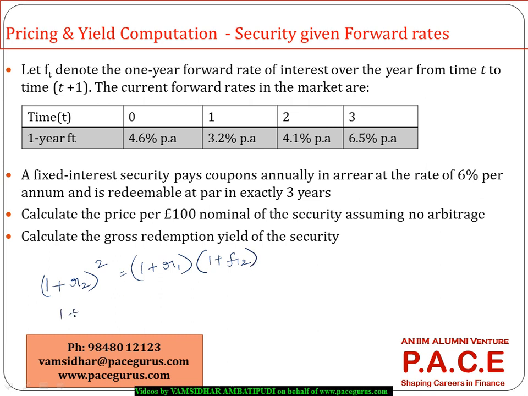Same way I will work for 3. (1 plus R3) cubed is equal to 1 plus R1 into 1 plus the forward rate between 1 and 2 into 1 plus the forward rate between 2 and 3 years. This is (1 plus R3) cubed because this is for a 3-year period. So R3, the 3-year spot rate, will come from that process.